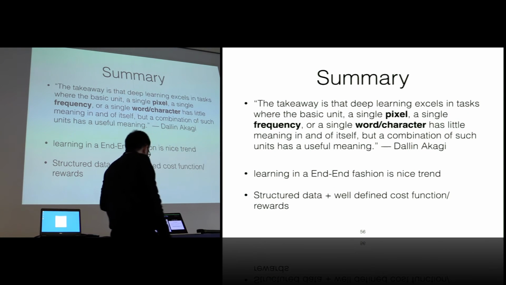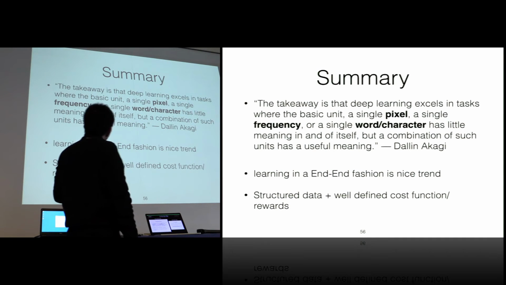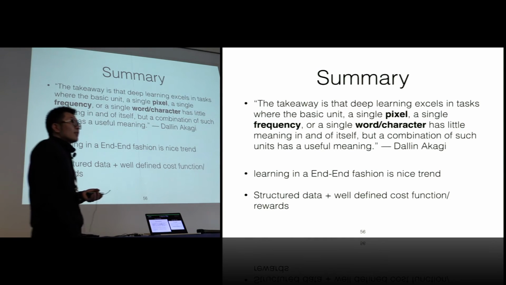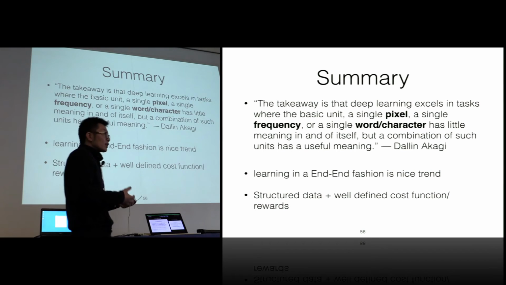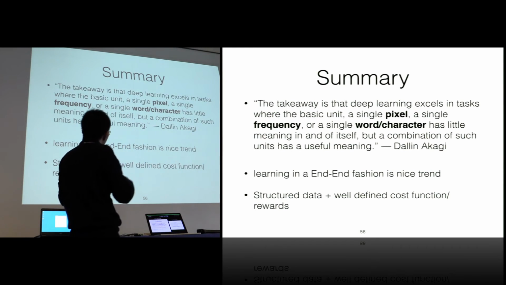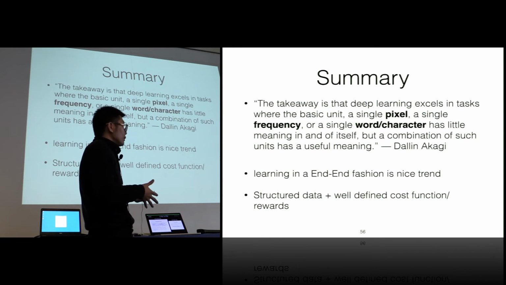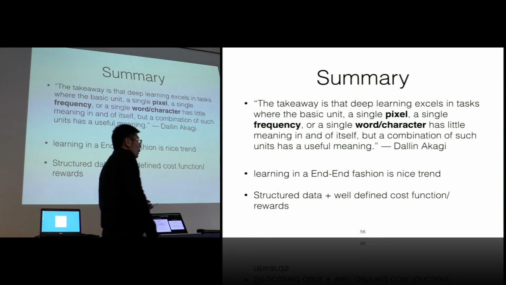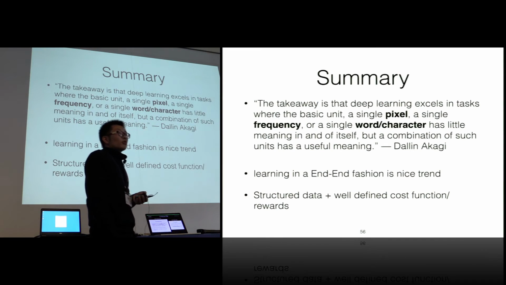So in summary, I want to use this person's summary. Deep learning excels at taking raw basic units like raw pixels, audio signals, or words, which have little meaning in themselves, but whose combination makes very useful meaning. Deep learning is really good at that. And learning is end-to-end, so it's fully automatic and you don't need to worry about that.